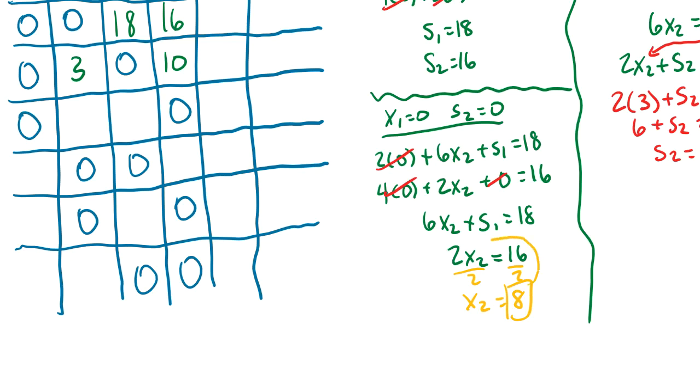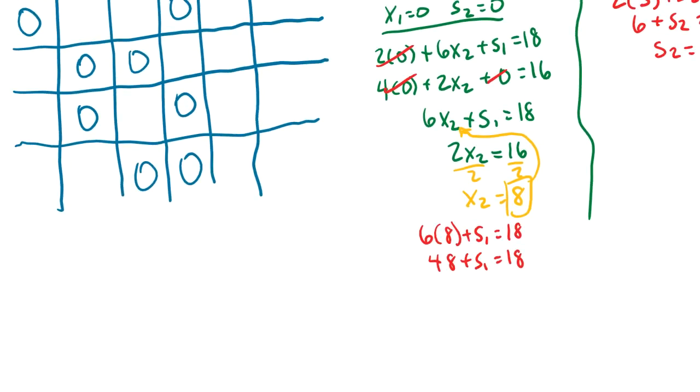And that's what we'll plug back in to the other equation. So we're going to get 6 times 8 plus s1 equals 18, which is going to be 48 plus s1 equals 18. Subtract 48 from both sides, we get s1 equals negative 30.